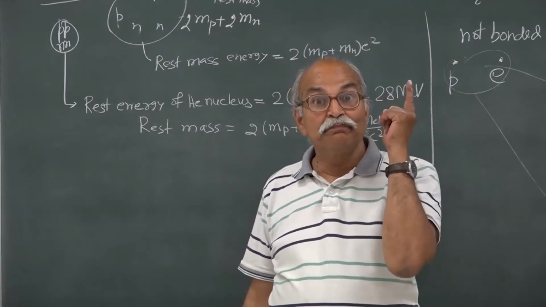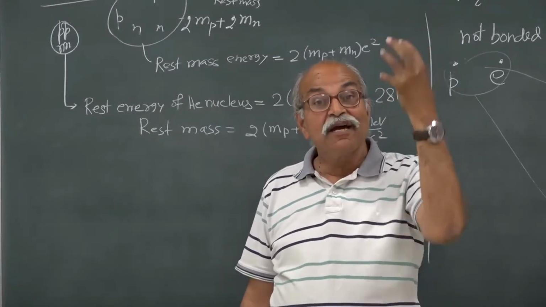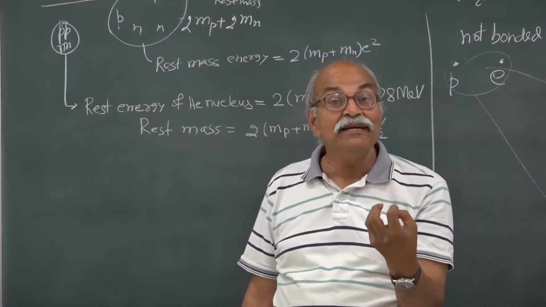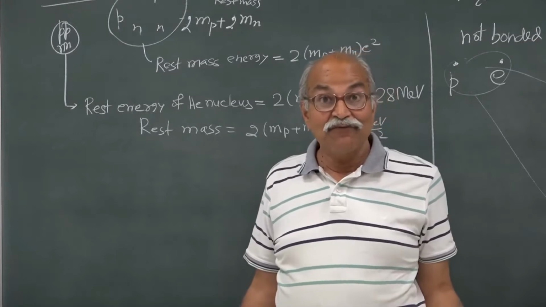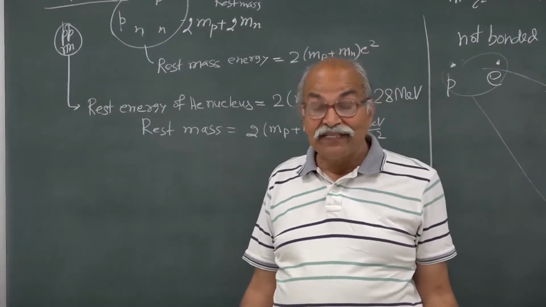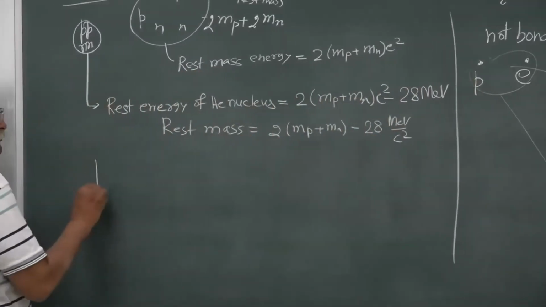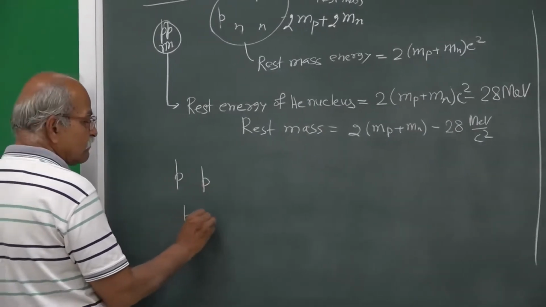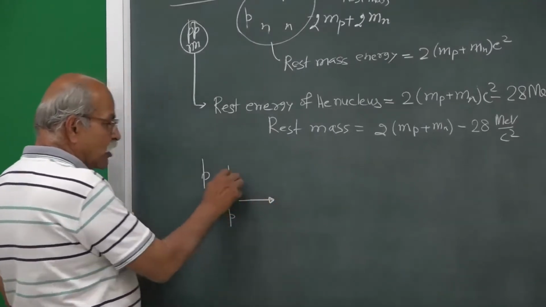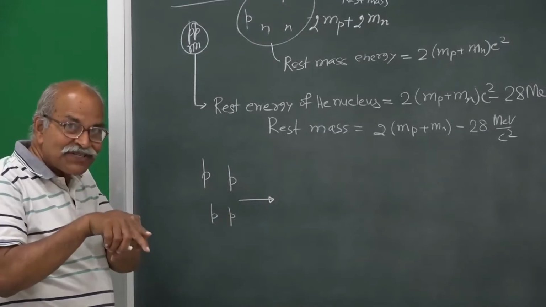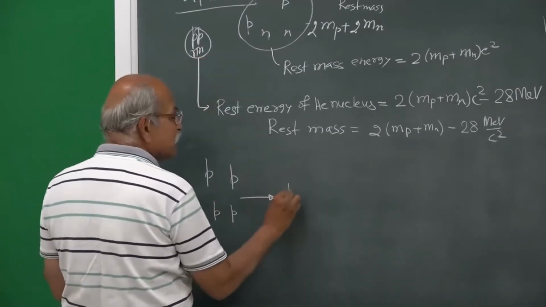When 4 protons in the core of the sun combine to form a helium nucleus, we get energy. From where is that energy coming? It is coming from this difference only. If you have 4 protons separated from each other, and then 2 of them are converted into neutrons, and then they all combine to make a helium nucleus, this kind of nucleus ppnn.